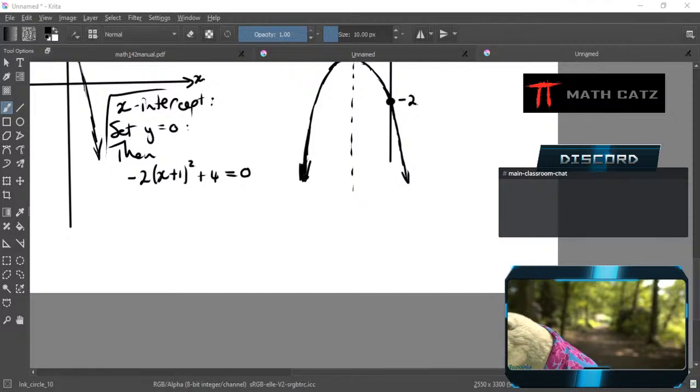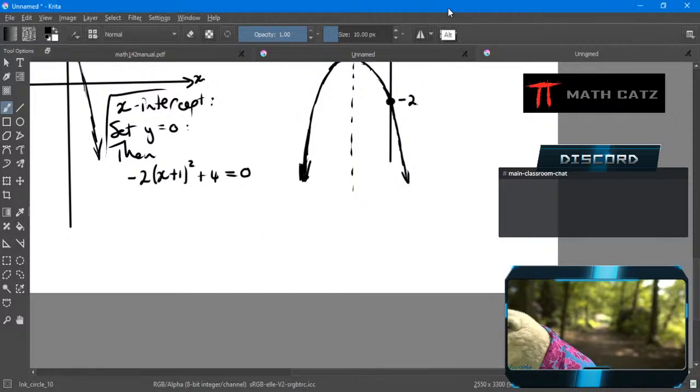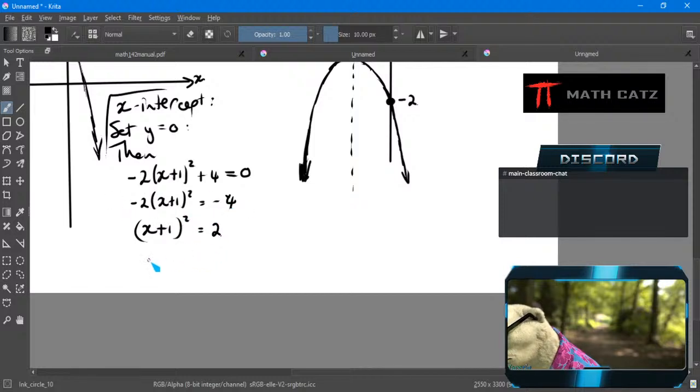All right. X-intercept. I got distracted. I apologize. So now I have -2(x + 1)² equal to -4. So (x + 1)² equals -4 divided by -2, which is 2. So x + 1 is then the square root, plus or minus root 2.